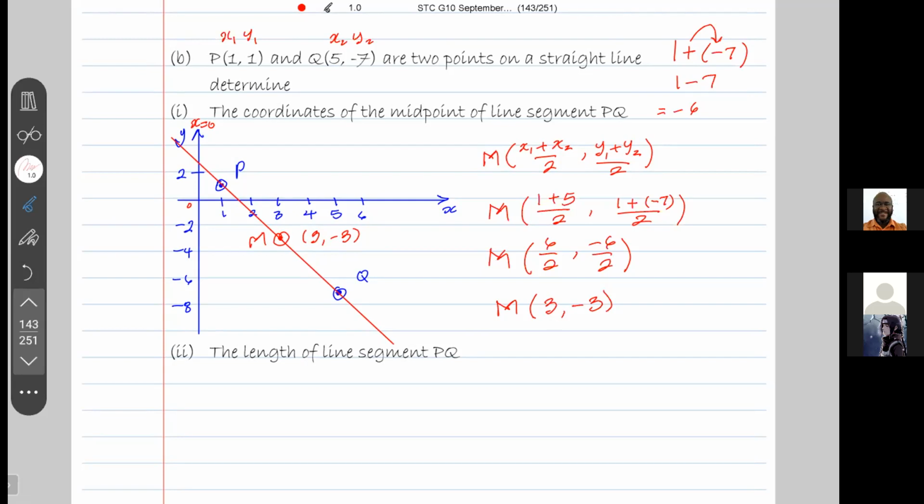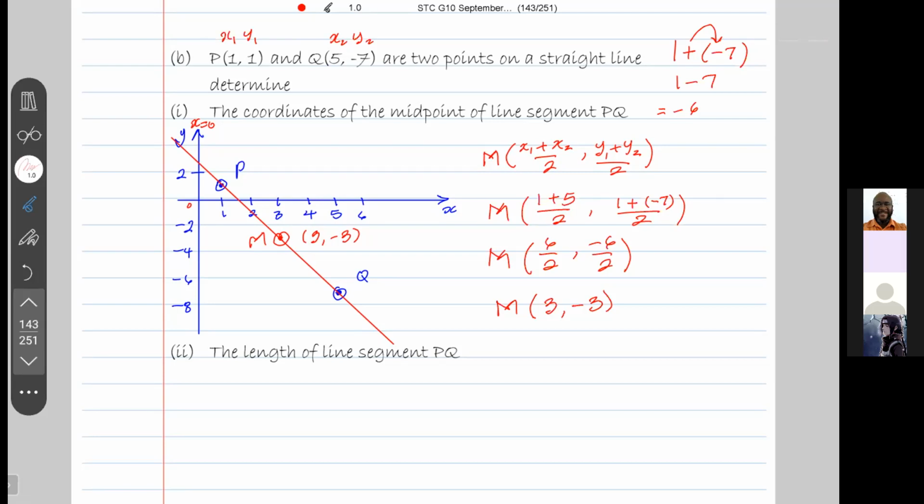Guys, next I'm being asked to calculate the gradient of the line PQ. Let me ask you this, guys. Do you expect the gradient of the line PQ to come out negative or to come out positive? Anybody? Anaya or Janelle, because both of you have done this topic already.